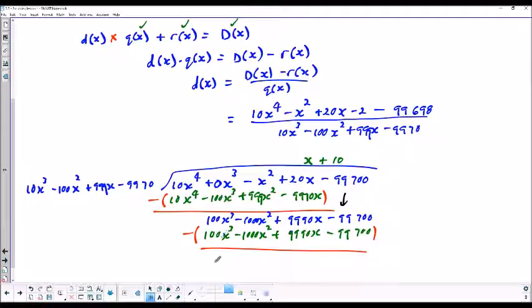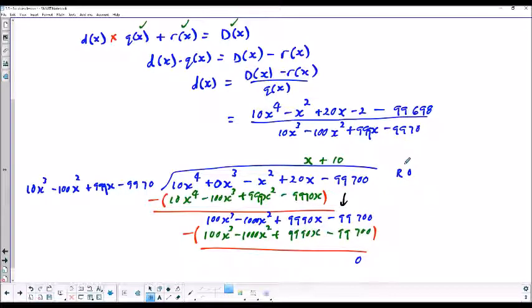100x cubed minus 100x cubed is 0. Negative 1,000x squared minus negative, so plus 1,000x squared is 0. 9,990x minus 9,990x is 0, and negative 99,700 plus 99,700 is 0.